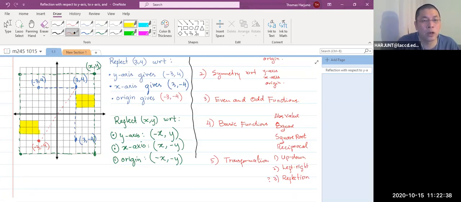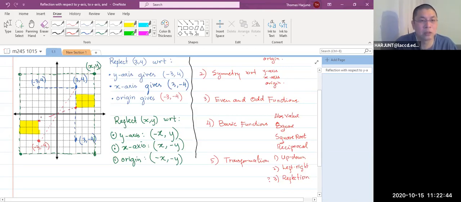Where this coordinate here becomes here, right? And this coordinate here becomes here. Does it make sense? Which basically you can think of like we are rotating these 180 degrees here.